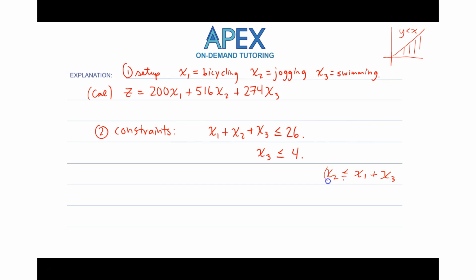The reason I wrote it here is that we're going to write this in a standard form, so that we have negative x1 plus x2 minus x3 less than or equal to 0. So this is what we want to do: set up a tableau that shows all of these values, and systematically work to maximize the number of calories, or the output.